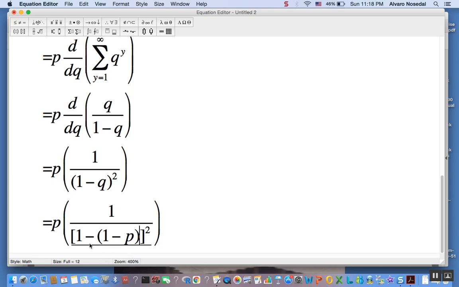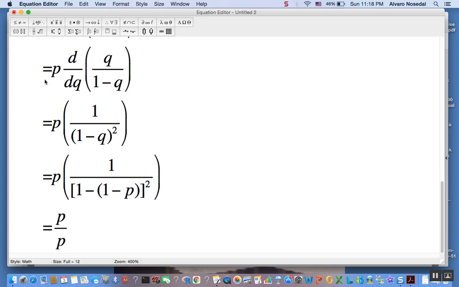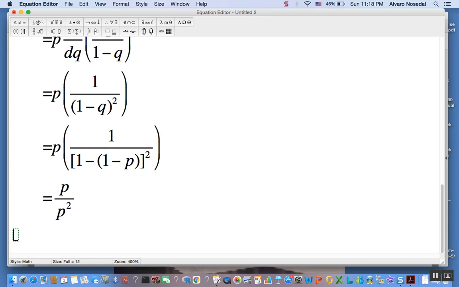When you do that, 1 minus 1 cancels out, and then we have only positive p. So we have p squared here in the denominator, and then we have p divided by p squared. P divided by p squared, that's just 1 over p, right?